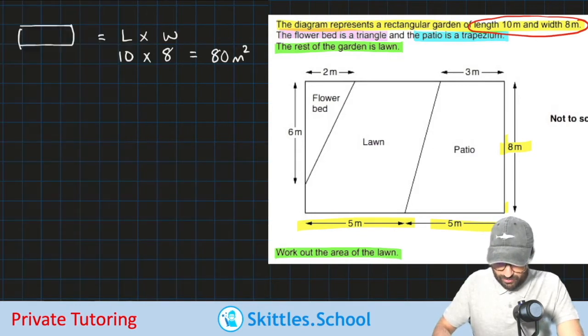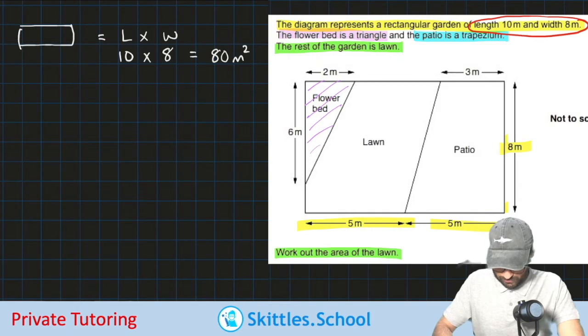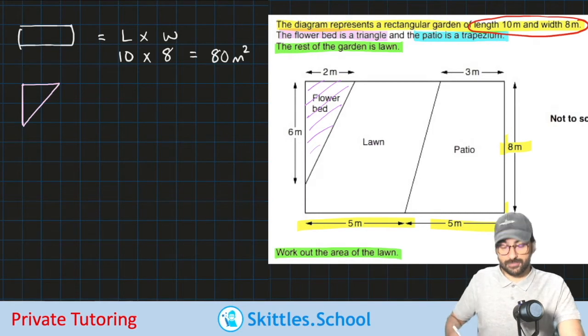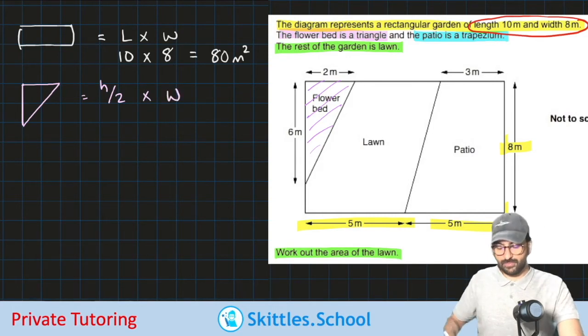Now let's work out the area of the flower bed. The flower bed is this space here. So we know it's a triangle. So what is the formula for the area of a triangle? It's half the height multiplied by the width.